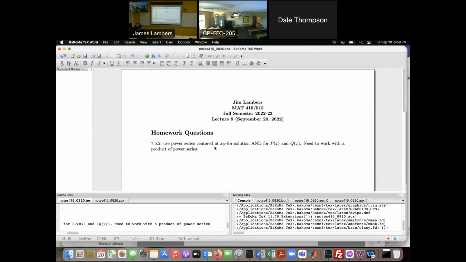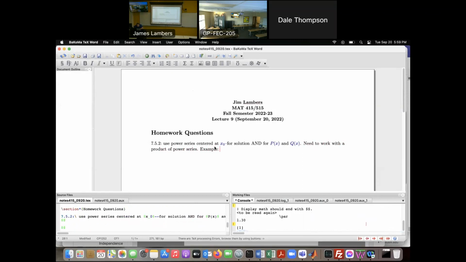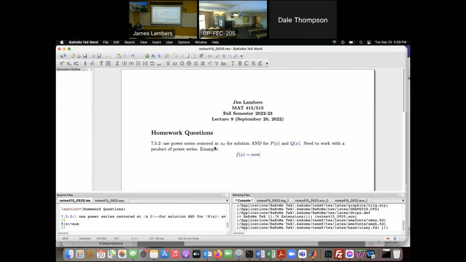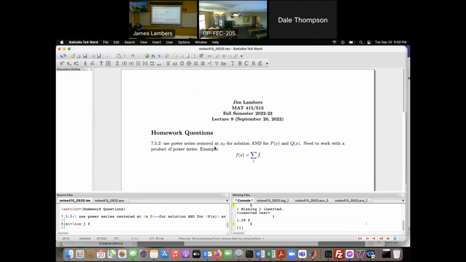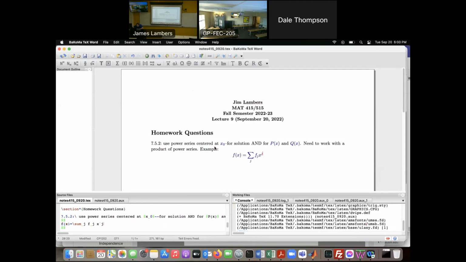To get an idea of how it works, I'll just make an example involving a center of zero. If I have f as a sum over j, and then I'll have another function g of x.